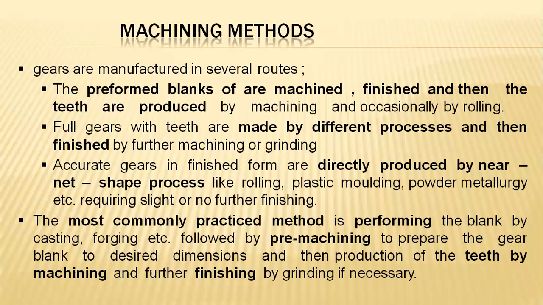Initially, the blanks are preformed and those are machined, and then they are finished properly. After that, the teeth are produced by the cutting processes which are used in our machining areas, such as milling machines, lathe machines, and broaching machines, which play a major role in producing the teeth.